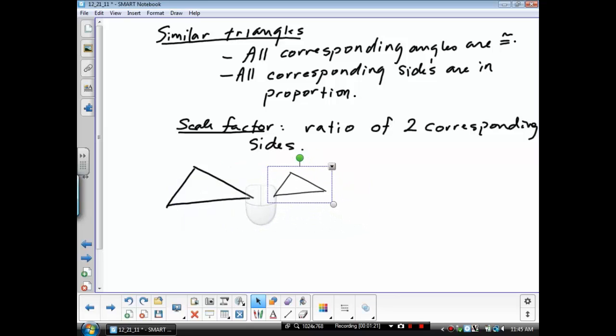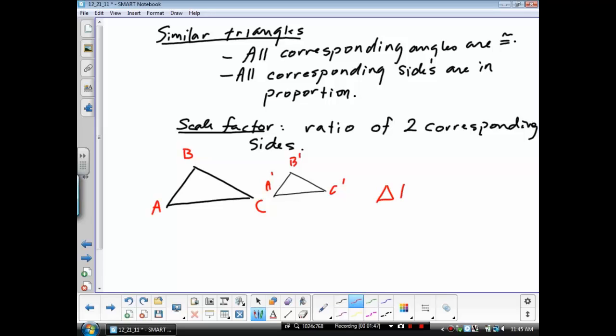So if we are working with two similar triangles, and this is triangle ABC, we could call the other triangle DEF, or we could call it A prime, B prime, C prime, but whatever we call it, when we state that these two triangles are similar, triangle ABC is similar to, that little squiggle means similar to, we must state the vertices of the second triangle in the same corresponding order so that congruent angles correspond.